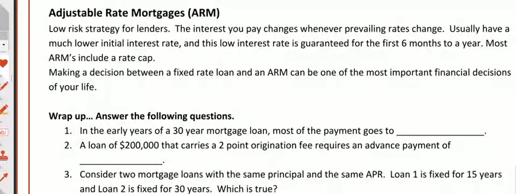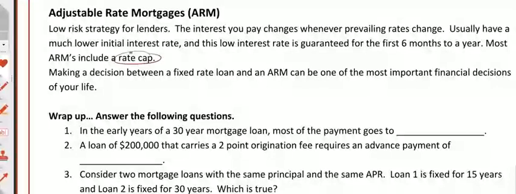You usually have a lower interest rate at the beginning. However, it might be guaranteed for 6 months, but then after that it has a tendency to rise or fall. And fortunately, there is a cap. There is a rate cap, but it's a risk.